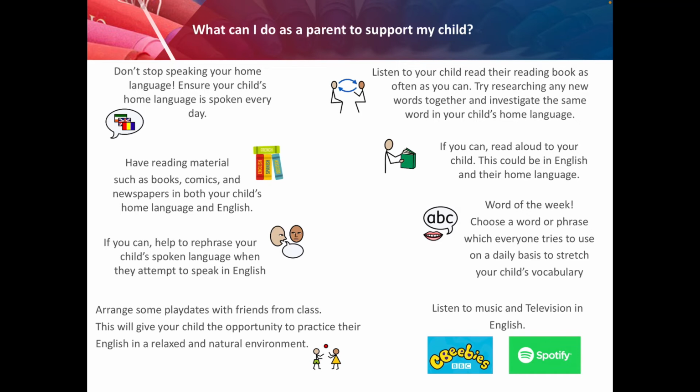So if your child's really into football, let them have a look at football magazines. If your child really likes dinosaurs, you can show them some information text about dinosaurs. So don't worry and think, oh gosh, they can't read these words. It doesn't matter. That exposure and being able to just look at the pictures, all of that will really help to build their English language.